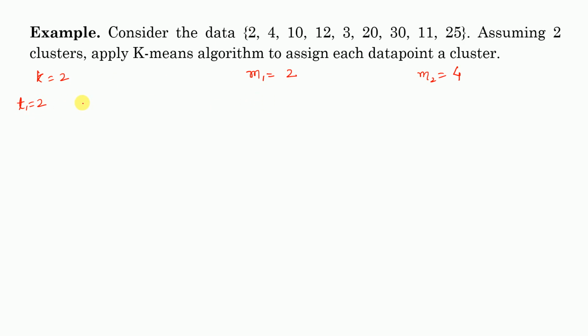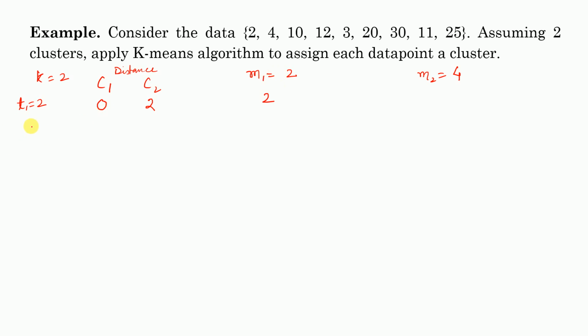Here I write the distance of t1 from c1 and c2. So 2 minus 2 is 0, 2 minus 4 is 2. Obviously 0 is the minimum, so 2 is assigned to cluster number 1.